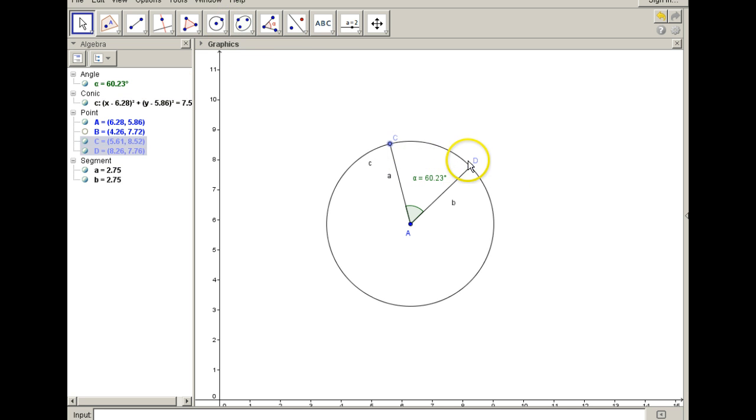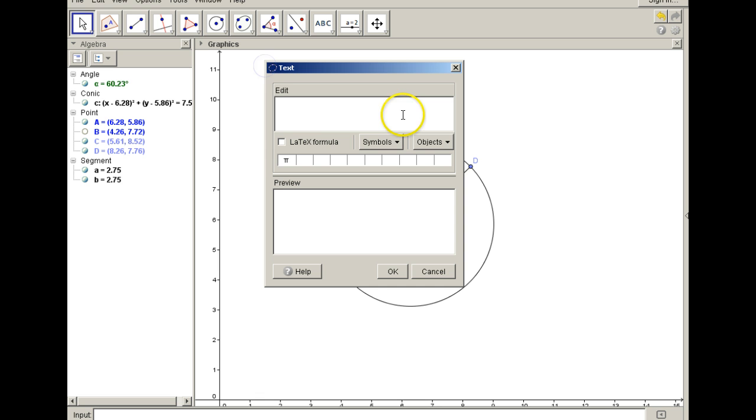Well, let's remember what we know about the distance around a circle, right? The distance around a circle is equal to the circumference, that's what we call it, which is equal to 2 times pi times the radius, 2 pi r.